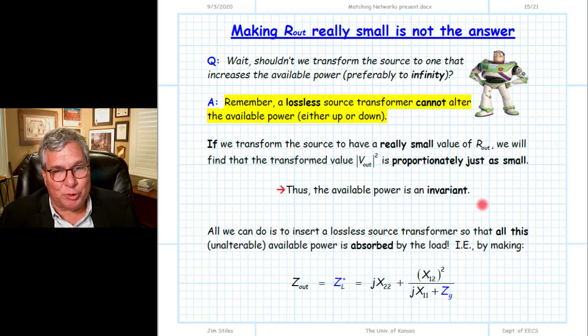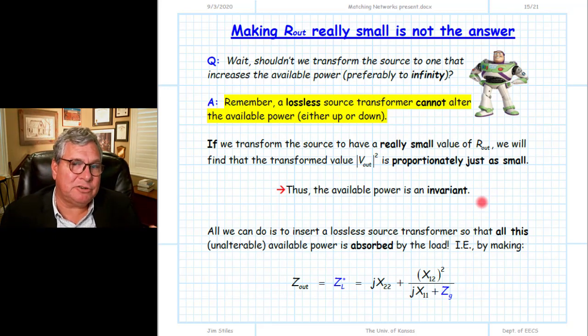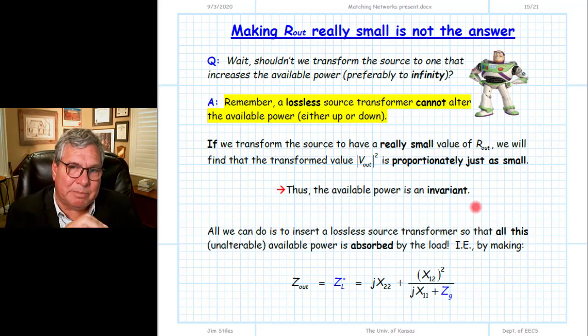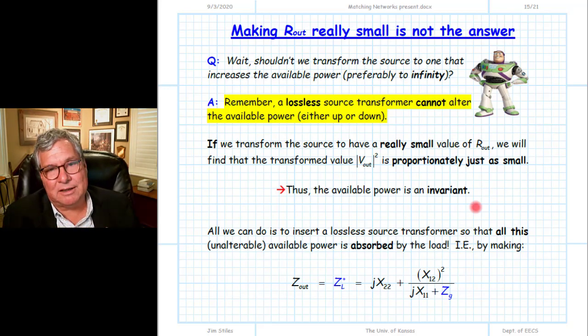So the best we can do, if we can't change or increase the available power, is just to ensure that all of that available power is absorbed by the load. And we ensure that by applying a conjugate match. And so this procedure that we just did is not in violation of what we talked about earlier. Earlier in the class, we talked about what the source impedance should be. We were doing that while changing the source impedance and keeping the voltage source fixed.